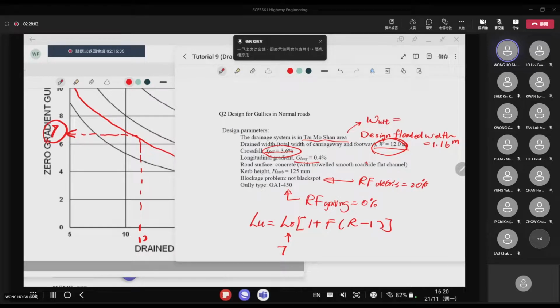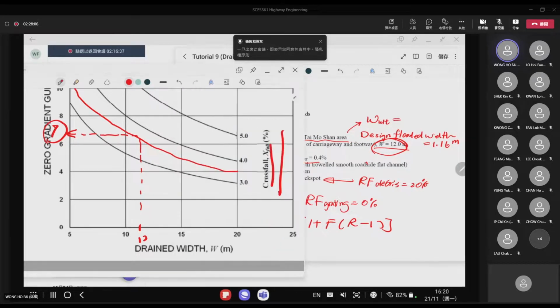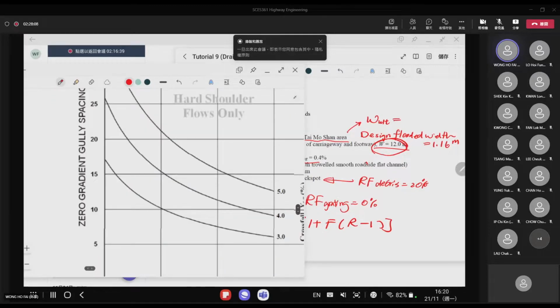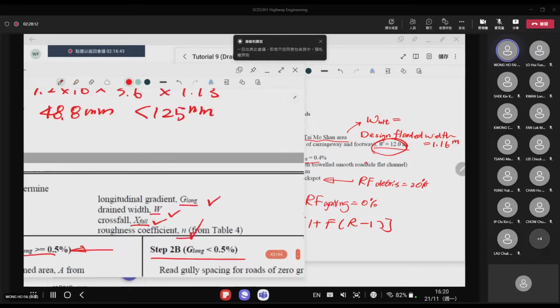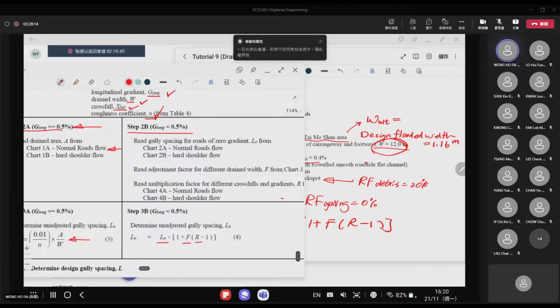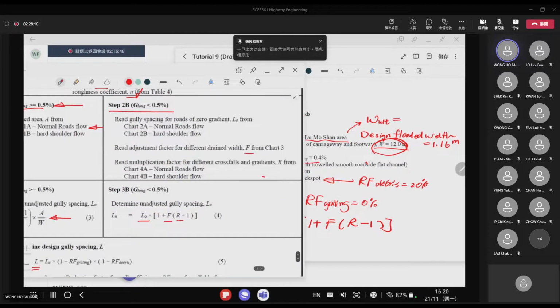Then you can determine the F. If you go back to the equation, the F you will determine from the chart 3, right? So go to the chart 3.